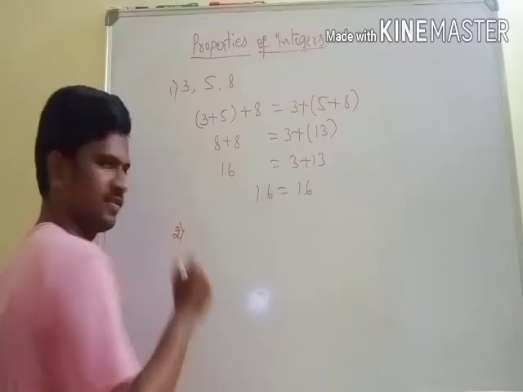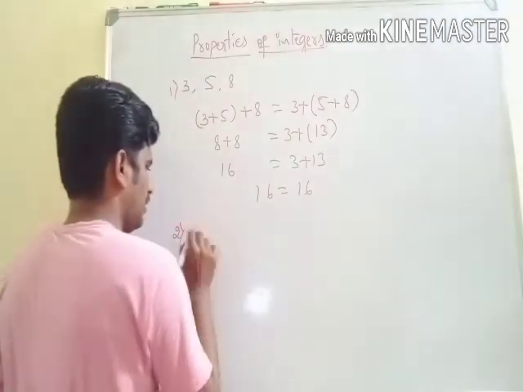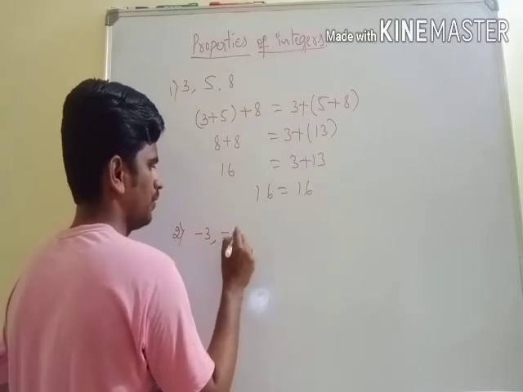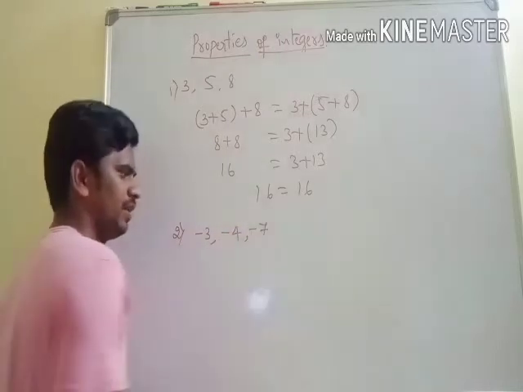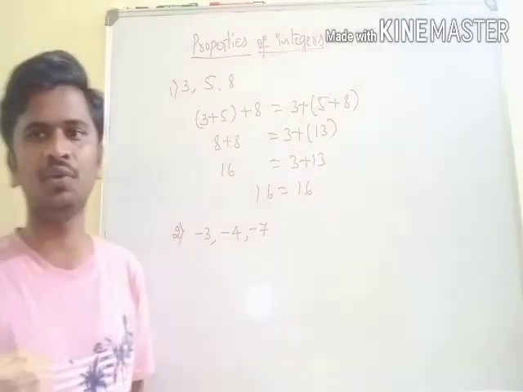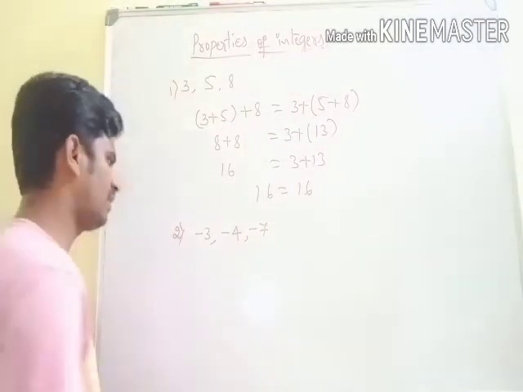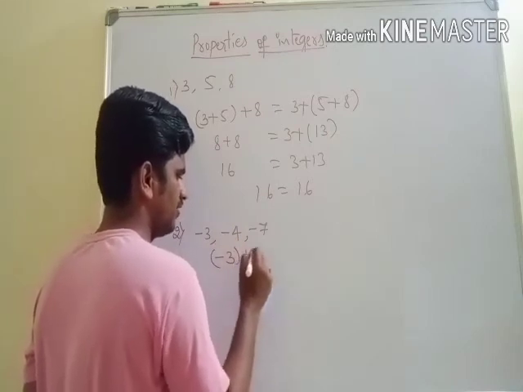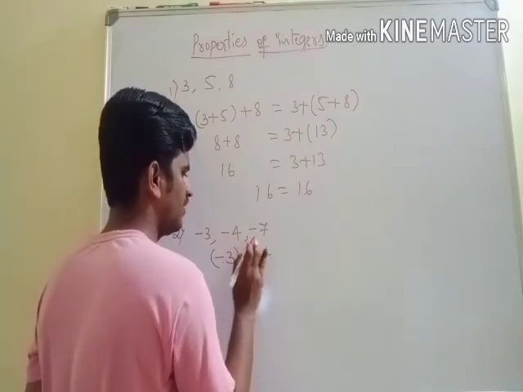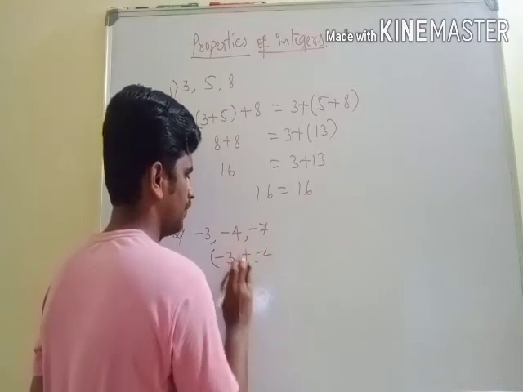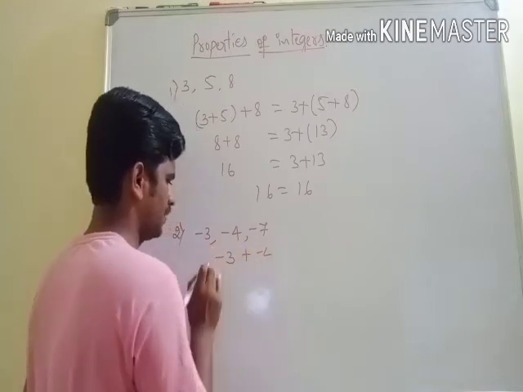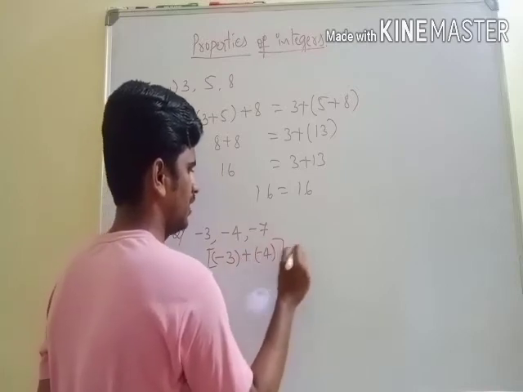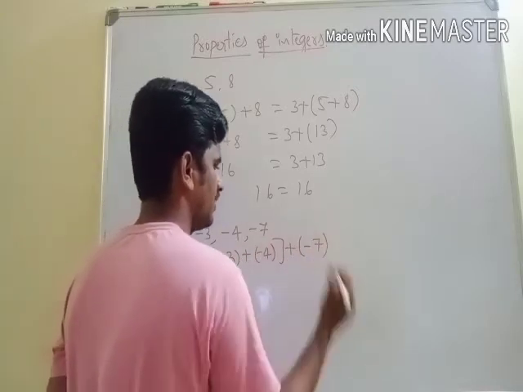Consider another example: minus 3, minus 4, minus 7. Now I will consider 3 negative integers. Then can we write this one as minus 3 plus of minus 4, first I will add these two, plus of minus 7.